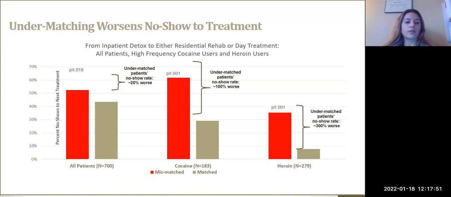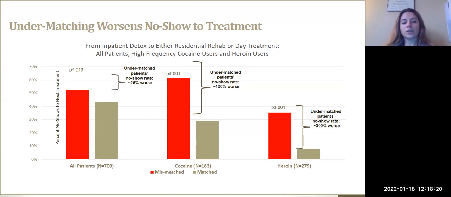There's also a lot of evidence that really supports using the ASAM model, or really any matching model, because when we don't use something data-driven to help us match our treatment recommendations to what the patient needs, we're not helping them as much. So you can see this is a study that looked at cocaine users and people using heroin, and looked at their appropriateness of match and how that impacted no-show to treatment.